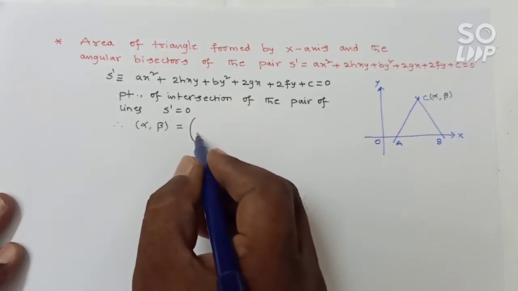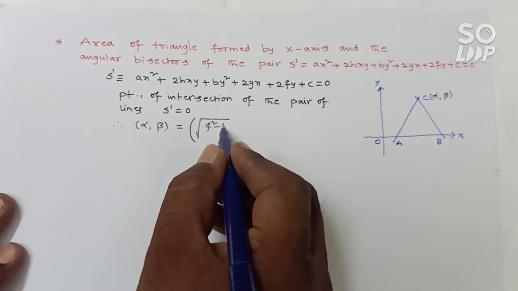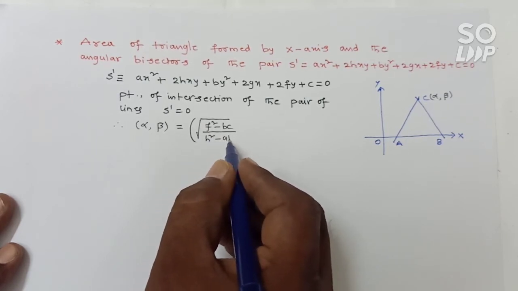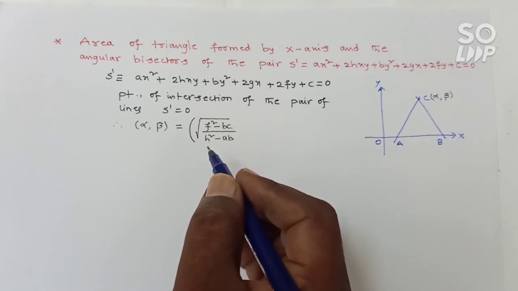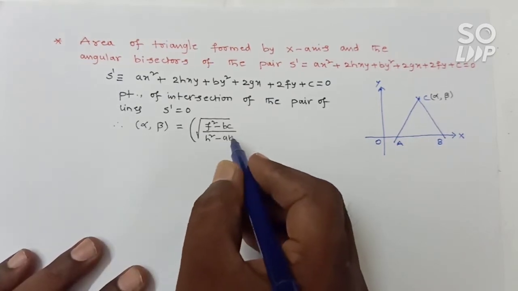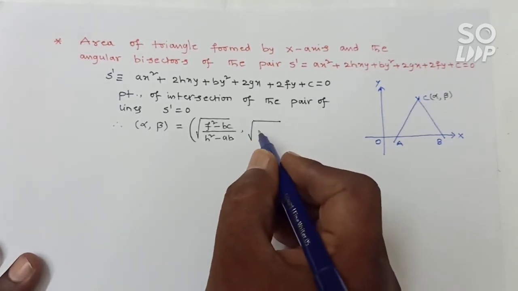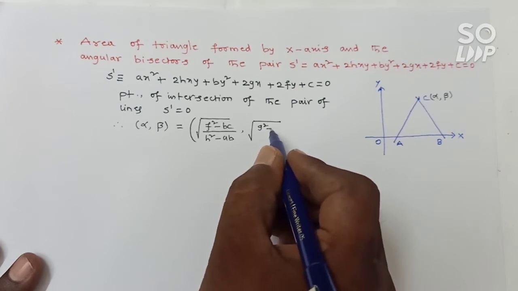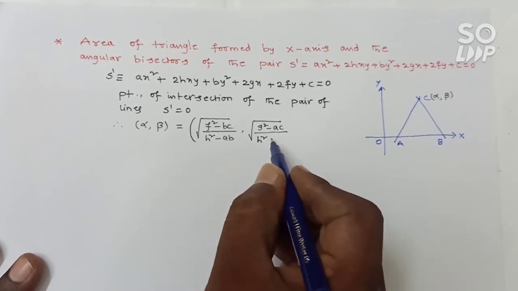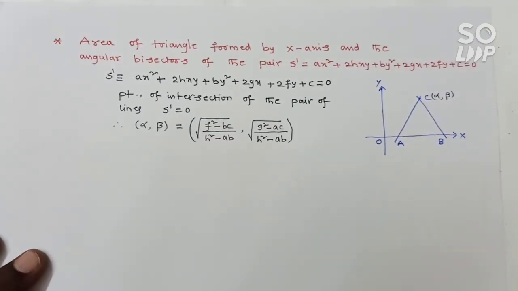And another one is (√(f² - bc)/(h² - ab), √(g² - ac)/(h² - ab)). So this is the point of intersection.